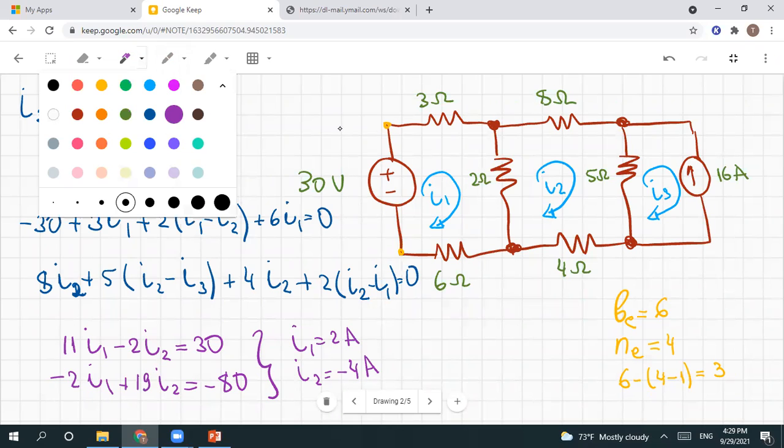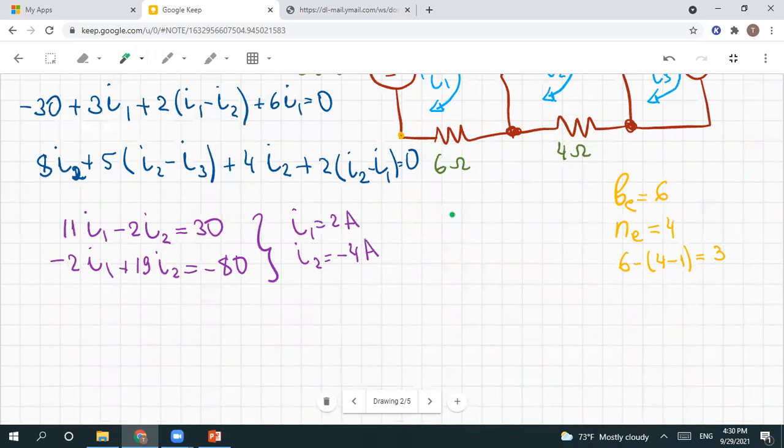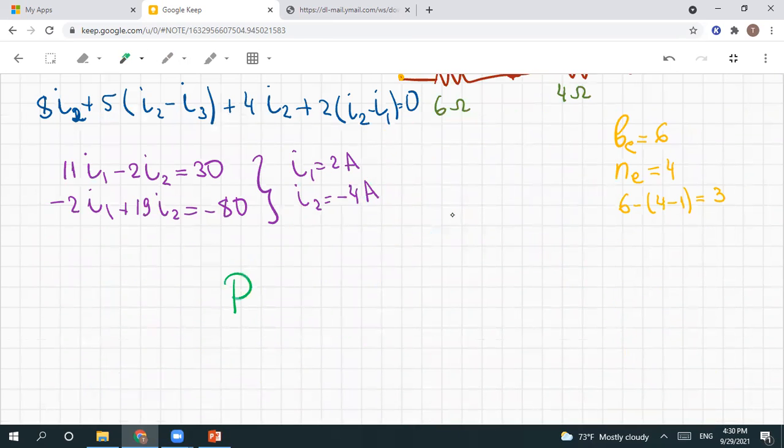So let me change the color. I will go back to the green, this one. And what will be the power in the 2 ohm resistor? So the power will be 2 multiplied by the current square, right? And the current square could be I1 minus I2 or I2 minus I1. It doesn't matter. So I will write here the power in the 2 ohm resistor. It will be equal to the current square.